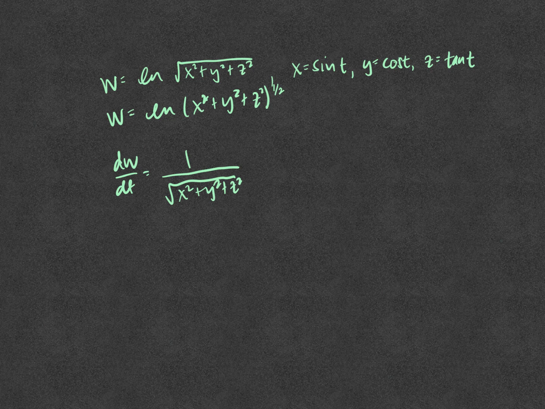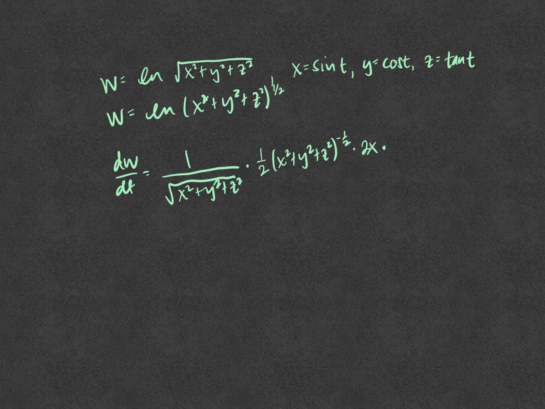Since we're taking that partial derivative with respect to x, we're going to keep that in mind. We're going to say times the derivative of something to the 1/2 is 1/2 times something to the minus 1/2 times the derivative of the inside would be 2x because you're taking your derivative with respect to x. So all of that is the partial derivative with respect to x.